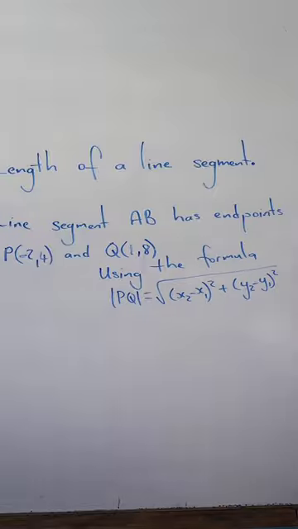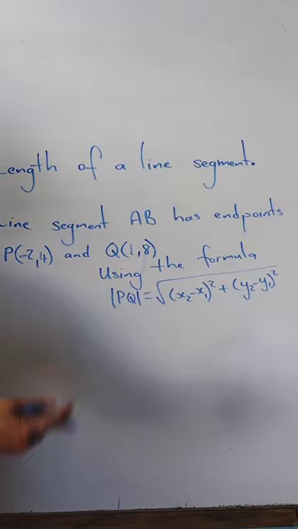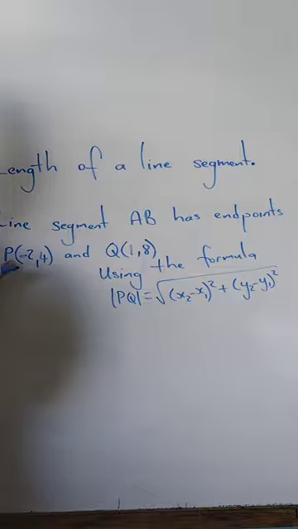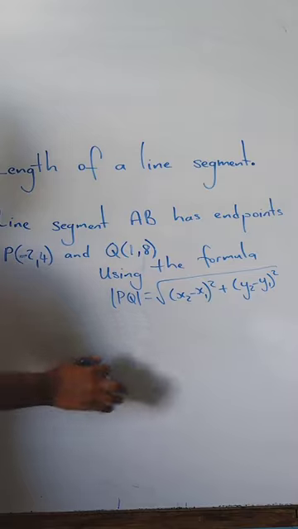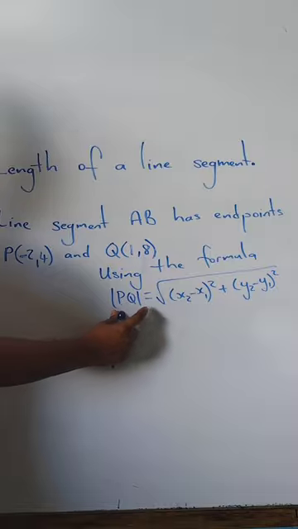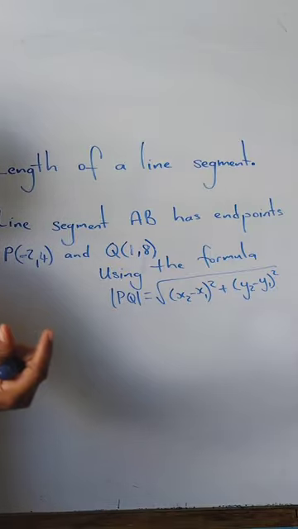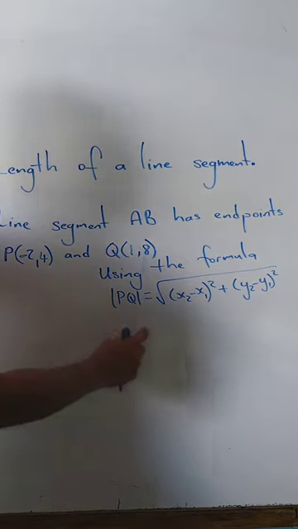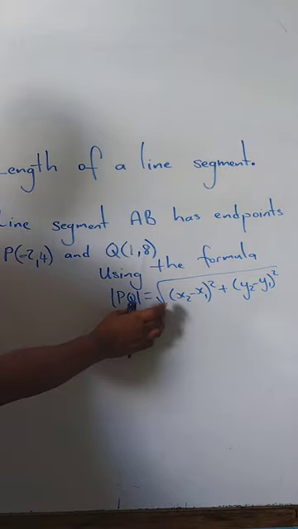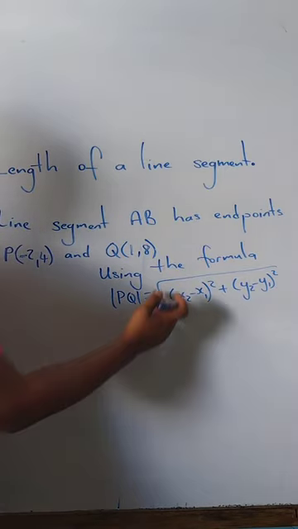You'll have noticed that on my screen is a formula. Since I have PQ as the endpoints of my line segment, these two symbols mean that I'm finding the magnitude, or the length, of the line. Magnitude is the same as the length of the line, and I'm taking the Pythagorean theorem.